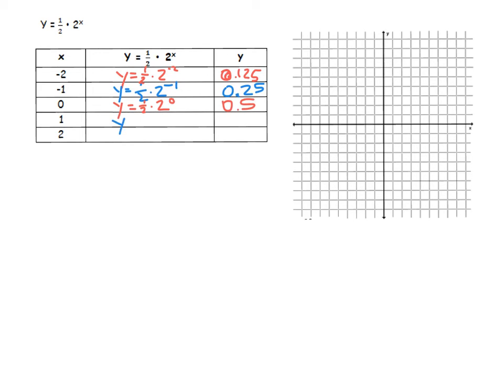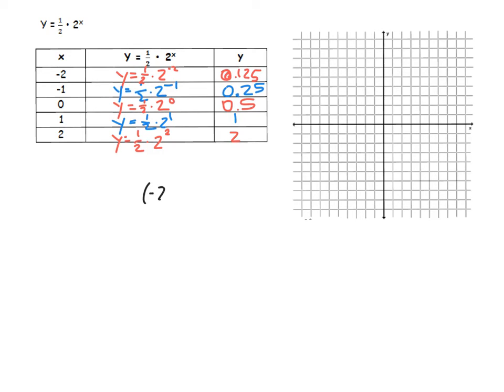The next one is y equals 1/2 times 2 raised to the first power. Well, 2 to the first power is 2, and then 1/2 of 2 is 1. And lastly, we have y equals 1/2 times 2 raised to the second power. 2 to the second power is 4, 1/2 of 4 is 2.